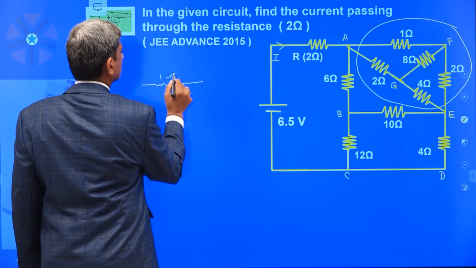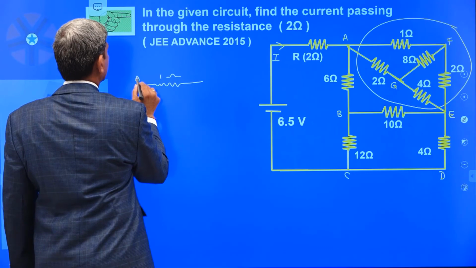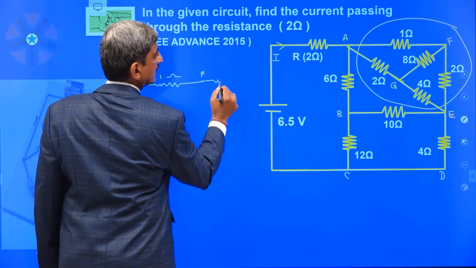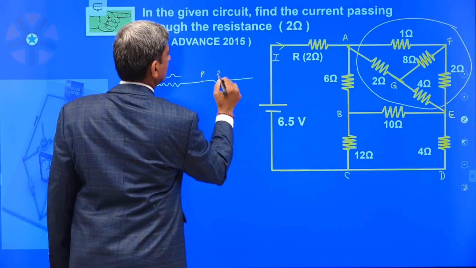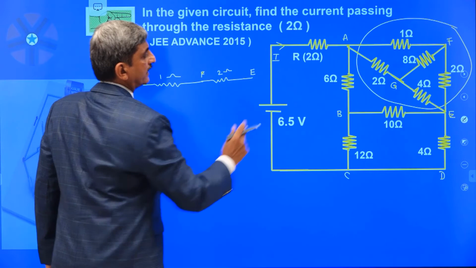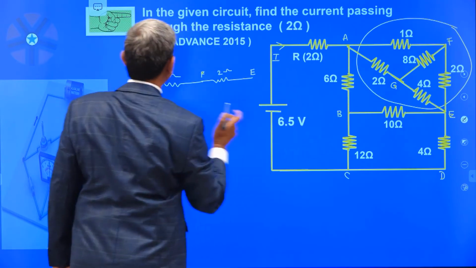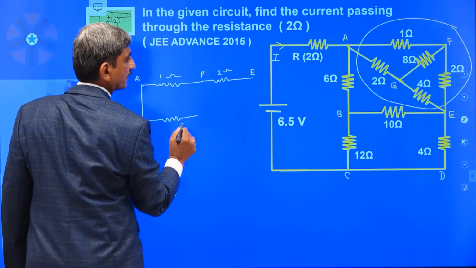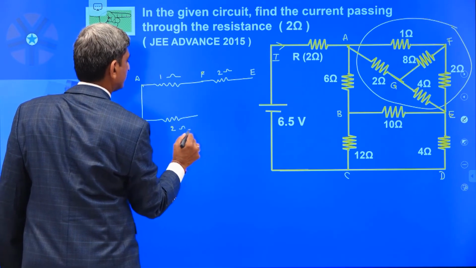This is 1 ohm between AF. Next, this is 2 ohm between FE. Next, between AG, 2 ohms.